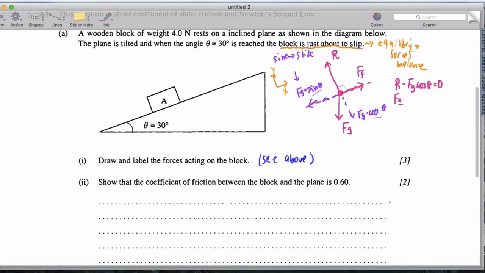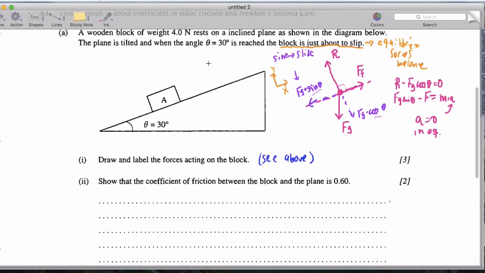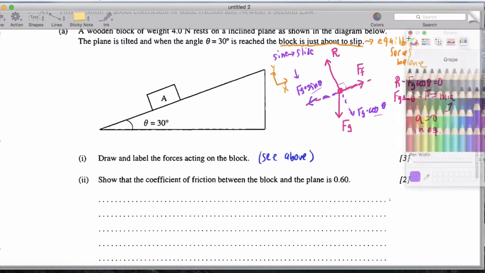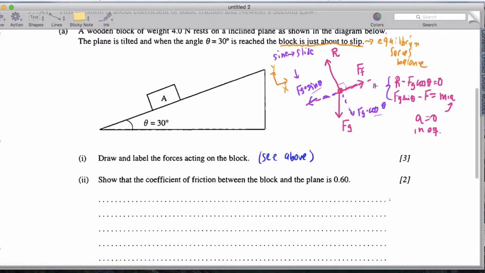Then we're going to have Fg sine theta minus the friction equals, now I'm going to write the most general rule here, m times a, and in equilibrium, a equals 0, because we're not accelerating. Oh, and then there's a final formula. Neither of these are in the data booklet.